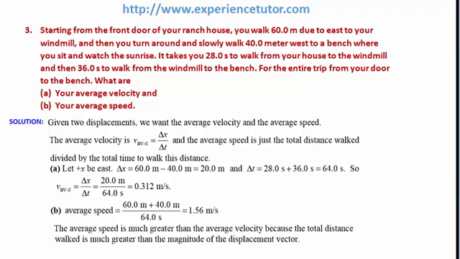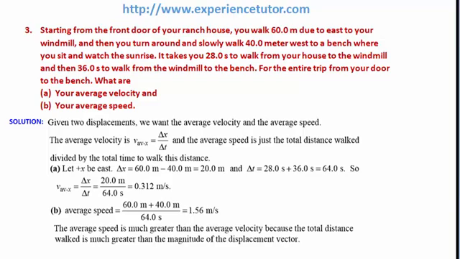As we know, average velocity is equal to displacement upon time. Let plus x be east. Therefore delta x is equal to 60 meter minus 40 meter, that is 20 meter, and delta t is equal to 28 seconds plus 36 seconds, which is 64 seconds. So average velocity will be delta x upon delta t, that is 20 upon 64, that is 0.312 meter per second.